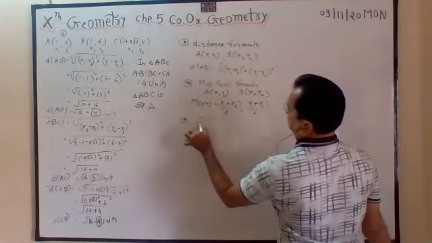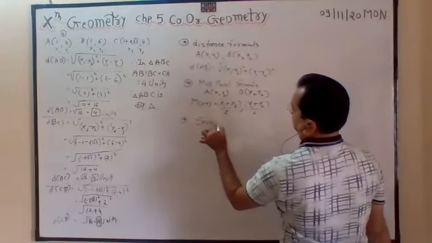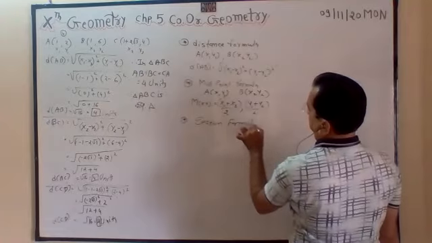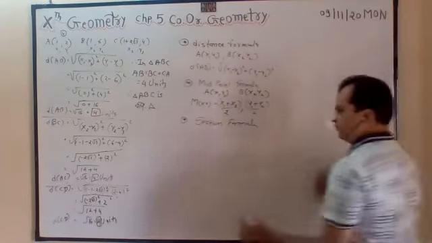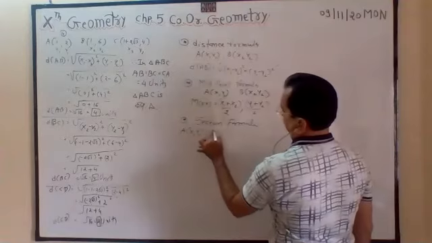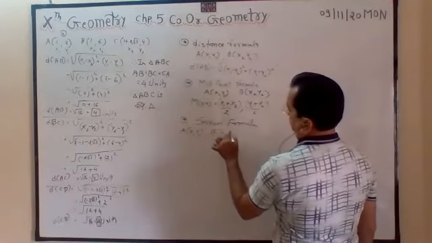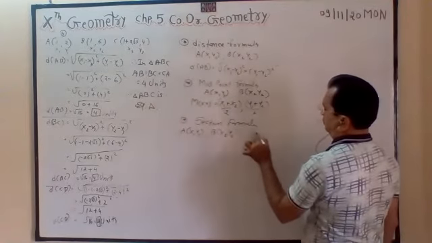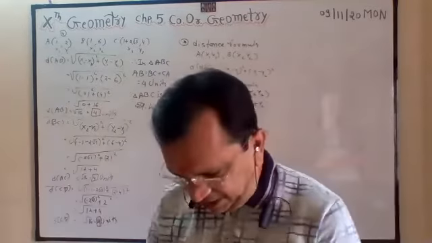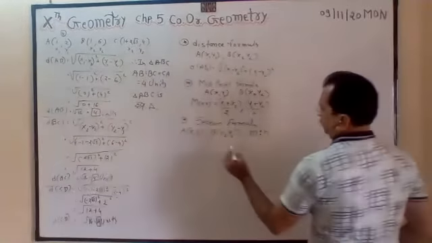Now the third one is the section formula. In the section formula you need A x1 y1, B x2 y2, and a segment intersection.